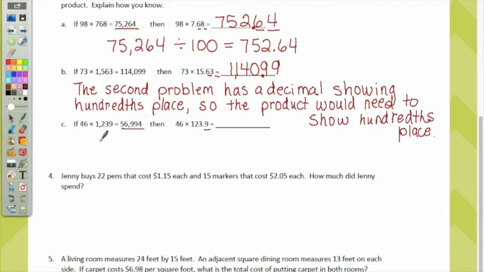Let's take the answer, 56,994, and divide it by 10. And that would equal 5,699 and 4/10. Okay, does that all make sense, boys and girls? Yes. Okay.